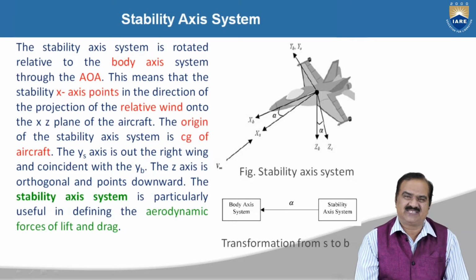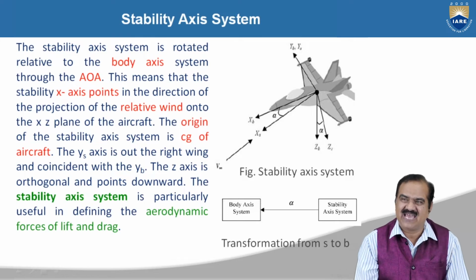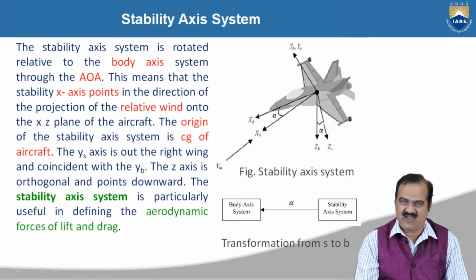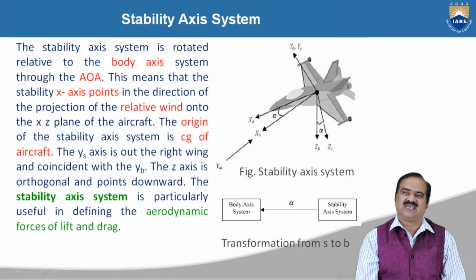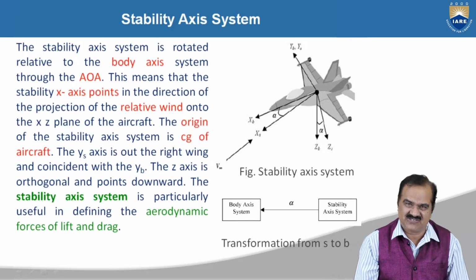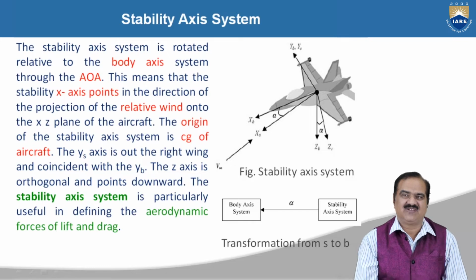In this diagram two axis systems are represented. One is the body axis system, another is the stability axis system. If you see here, all are converging at one point, known as the center of gravity. All the motions are considered with respect to the center of gravity. XB passes from the center of gravity towards the nose of the aircraft.